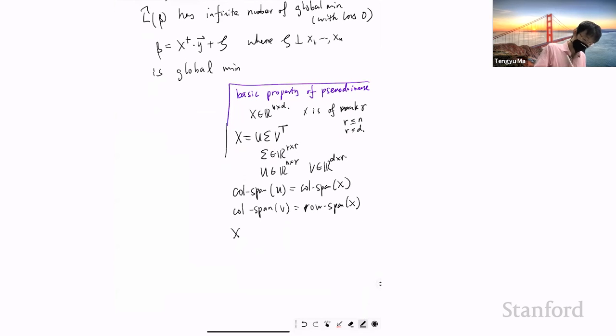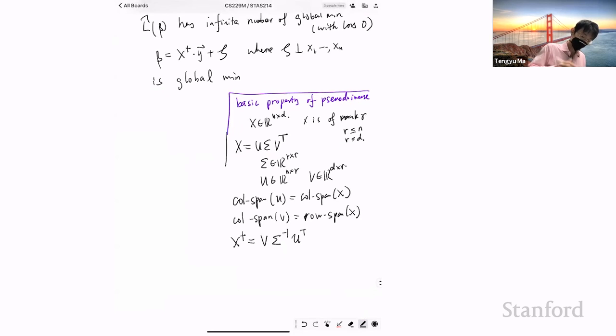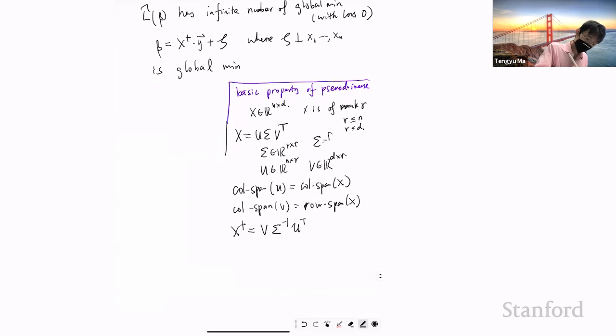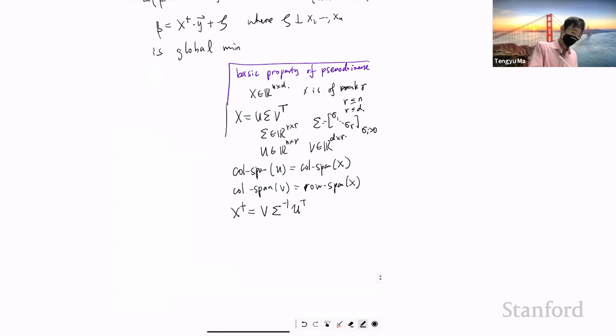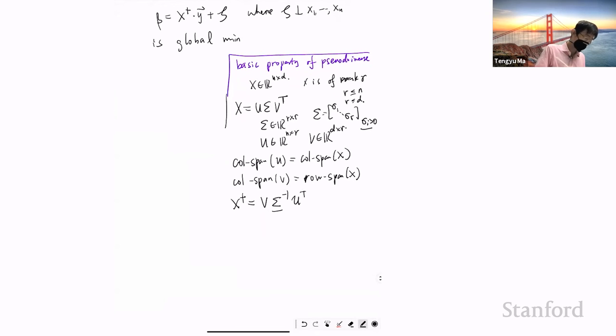The pseudo inverse is defined to be V sigma inverse U transpose. Here sigma is a diagonal matrix with entries sigma_1 up to sigma_r, all positive, so the inverse is well defined.